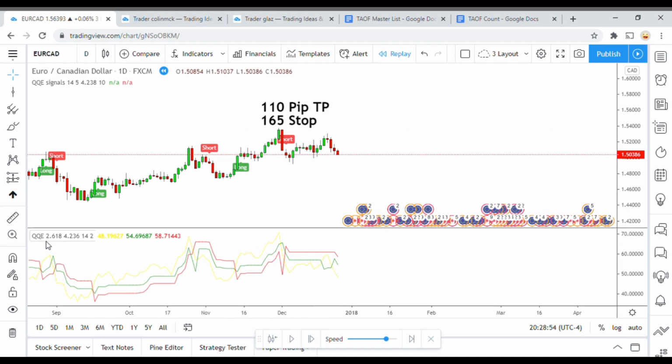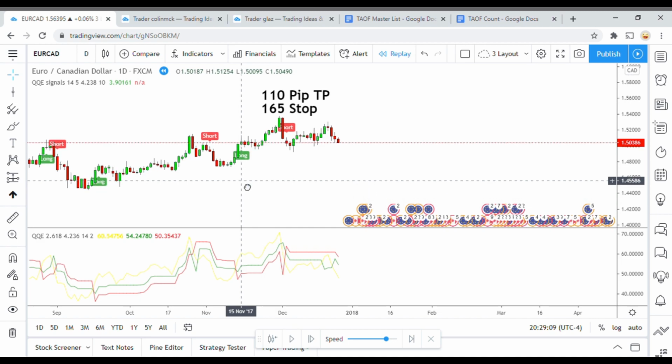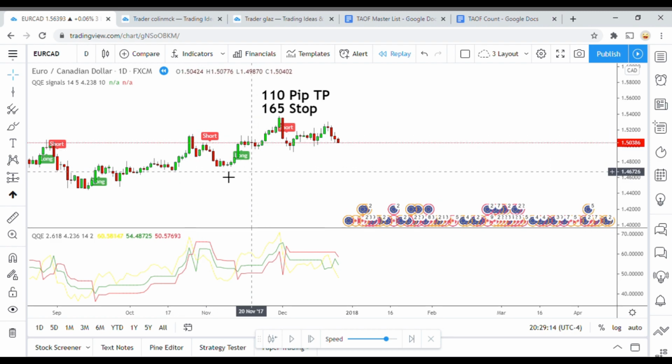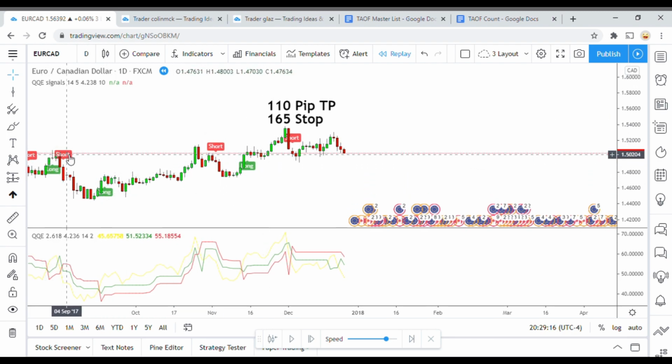Alright, as I said, today's indicator is the QQE indicator. It's a relatively straightforward indicator. I actually have two that I've placed here on the chart. The reason I did that is that one is a QQE signal.